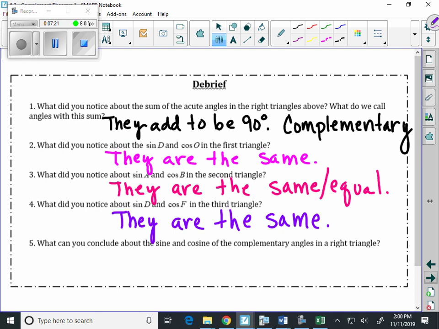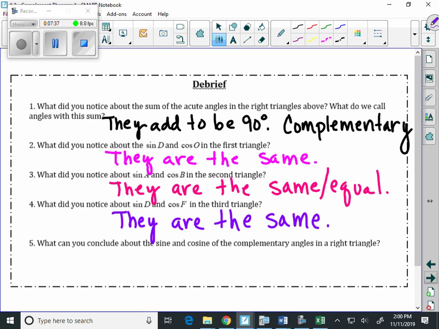So can we make a conclusion about the sine and cosine of complementary angles in a right triangle? In fact, even more specific, acute angles in our right triangle?